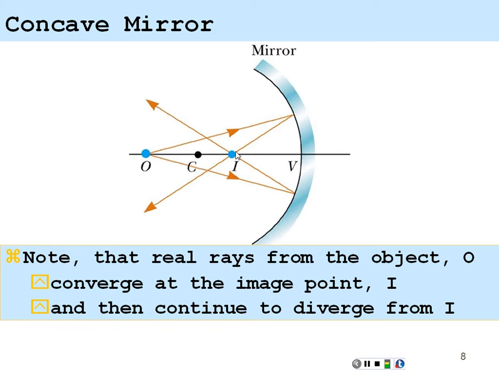Where these two intersect is the location of our real image. This image is being formed by the actual rays of light, so if you were to look at this point, it would appear like the actual object was at that point. The image is real.